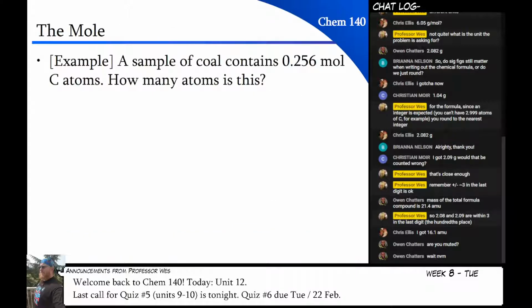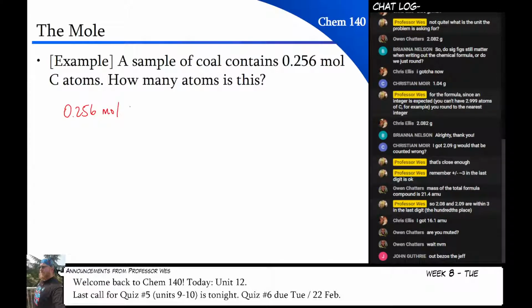So, all right. Now, with a mole, we can do calculations of this nature. If I know how many moles something is, I can figure out how many atoms it is. So I could say, okay, if I have this many moles of carbon, out-Bezos the Jeff. That's the proper way to think of this, right? We can relate these 2 units together, moles and atoms, because in a mole, there are Avogadro's number of atoms.